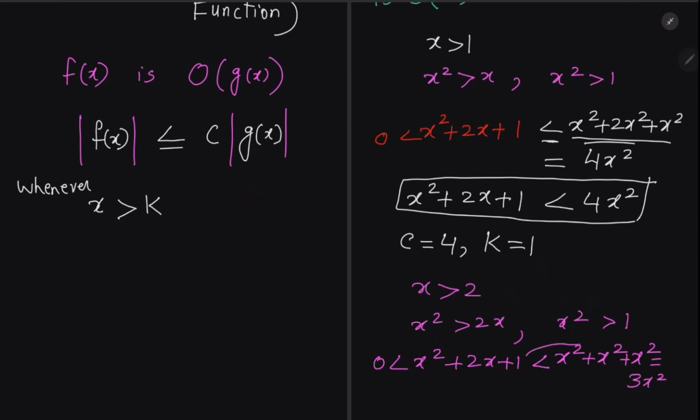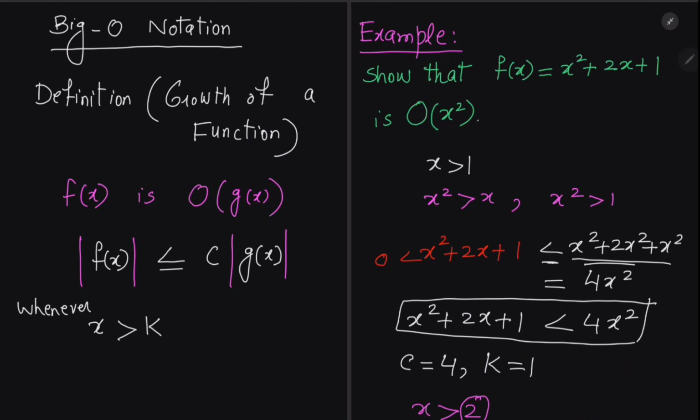Since we replaced the value 1 with an upper bound, and for 2x we replaced it with x square, here k will be equal to 2, and c is equal to 3. So that's how we prove that one function is less than or equal to c times g of x for some constant c.